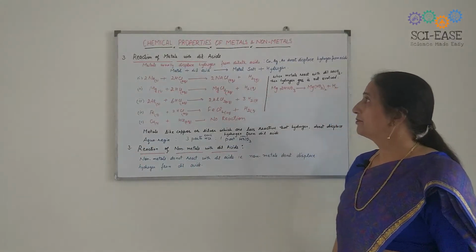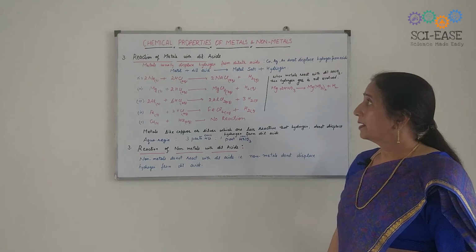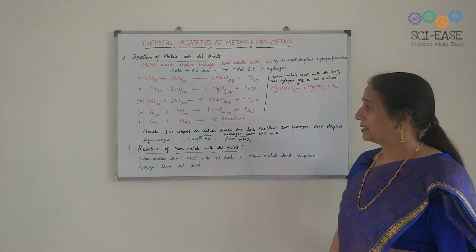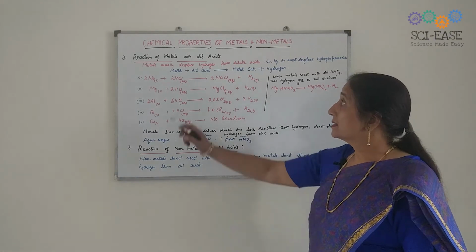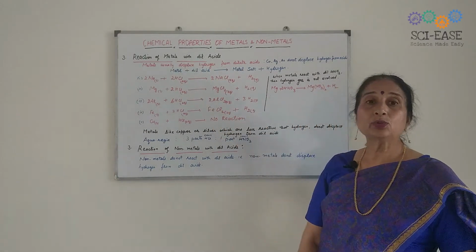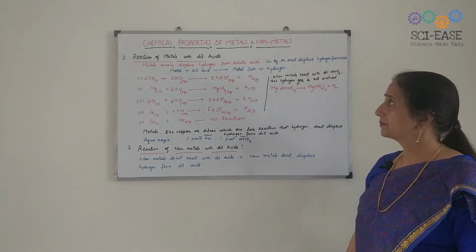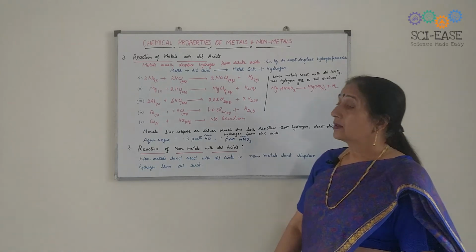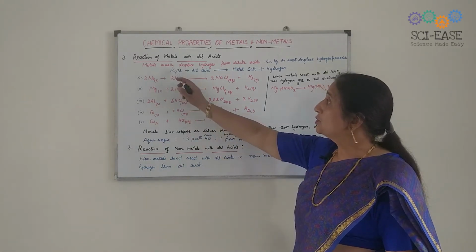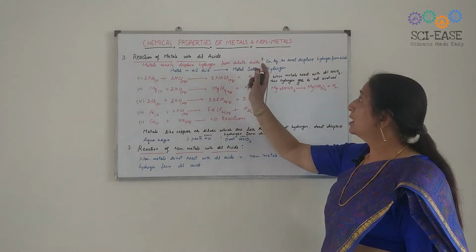Third point of difference between metals and non-metals is the reaction of the metals with dilute acids. Metals usually displace hydrogen from dilute acids.